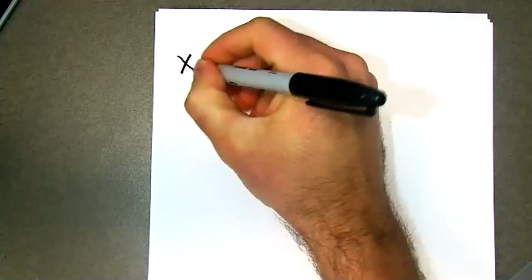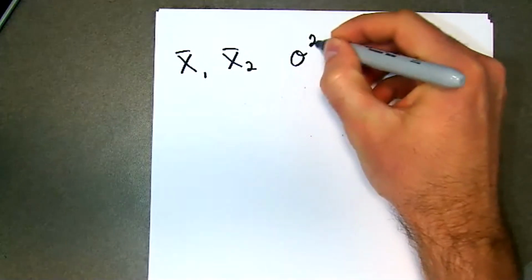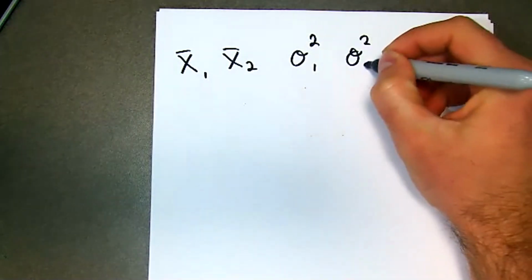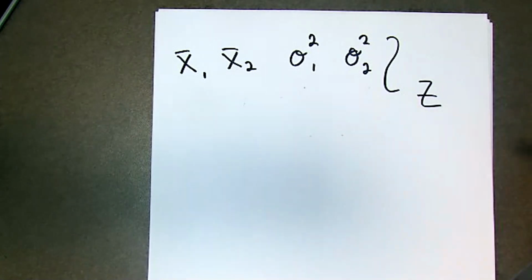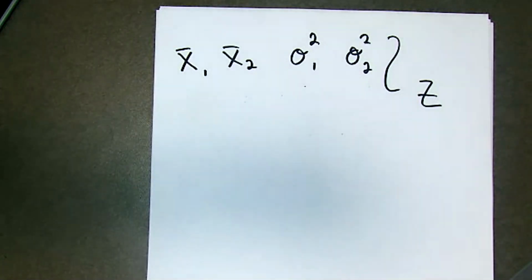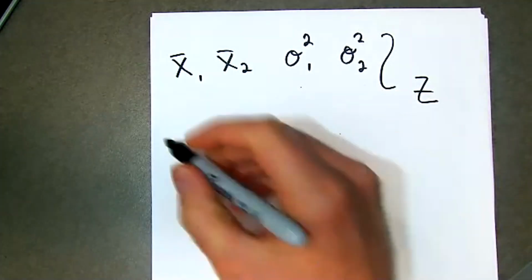Anytime we've got two sample means and we know the population variance, this is a scenario where we can use the standard normal, or the Z table. So this is when we know the population variance.